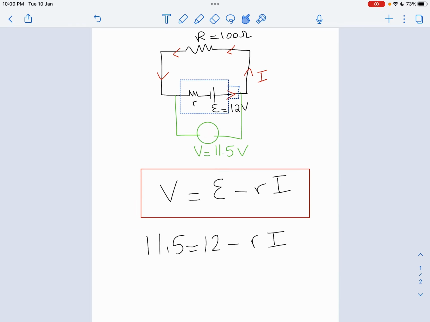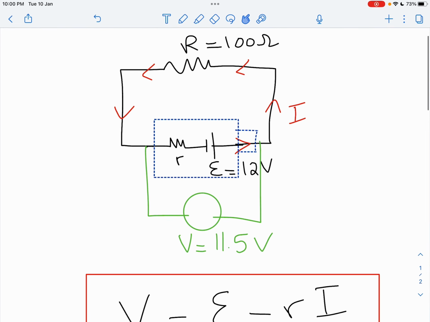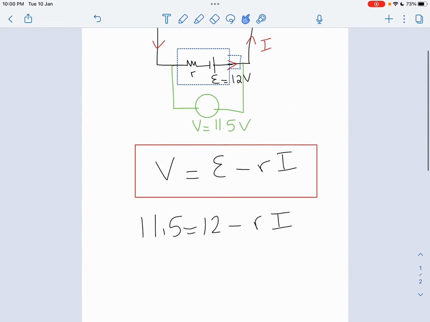So to find small r, the internal resistance of the non-ideal battery, we need the current I. How to find I? If you look carefully at the circuit, it's clear that the 11.5 is also the voltage across the load resistor, the 100 ohm resistor.